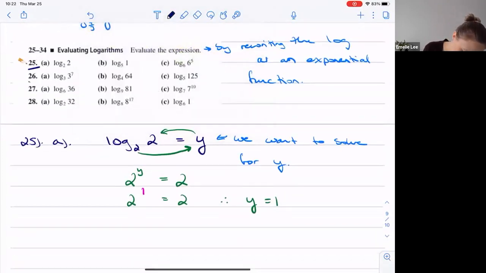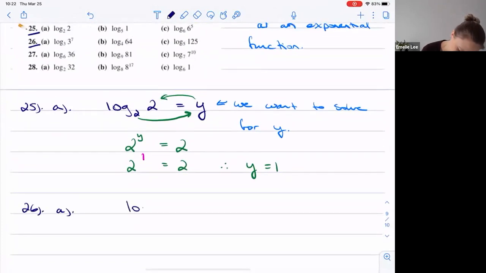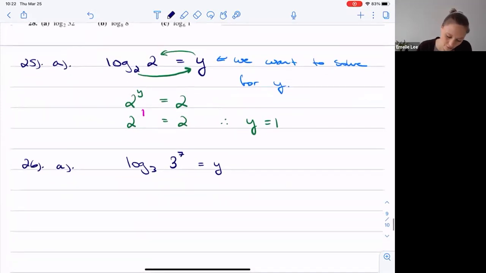Let's go ahead and do 26a. Log base 3 of 3 to the power of 7. And I want to know, what does it equal? I'll call it y. So now, remember our chain here, 3 to the power of y equals 3 to the power of 7.